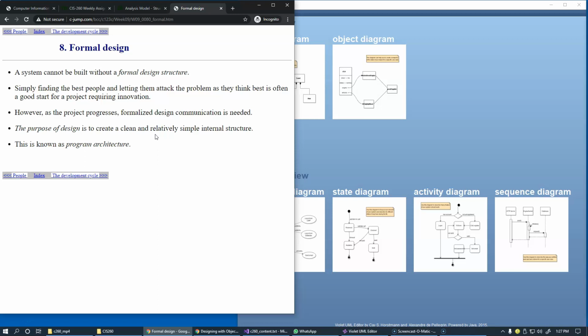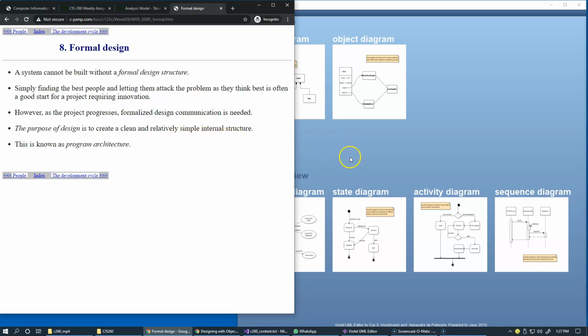As the project makes progress and we start building the software, the focus on formal, proper design, including communication between all members of the design team and programming team, has to be in place. The purpose of this process of formal design is to create a clean and simple internal structure.